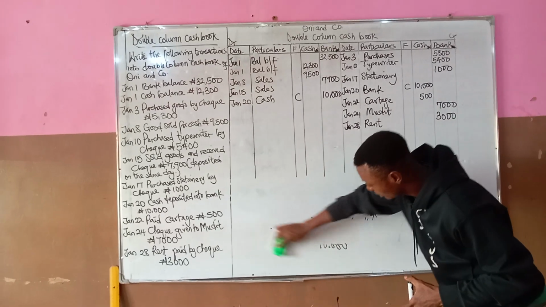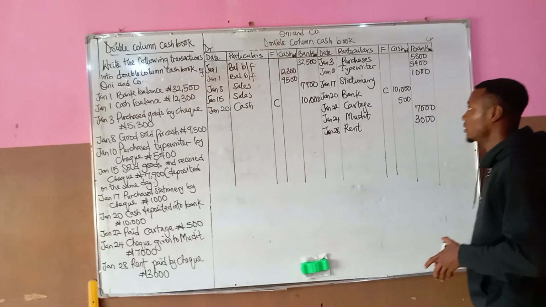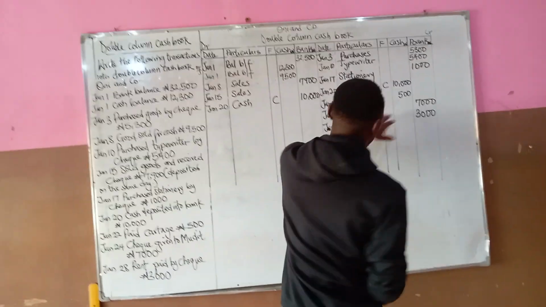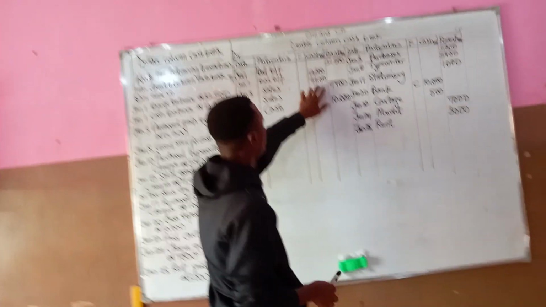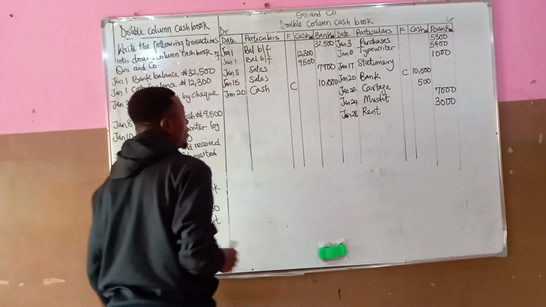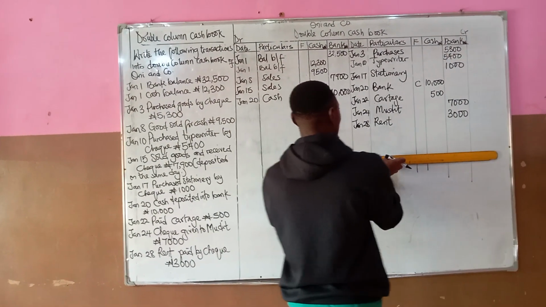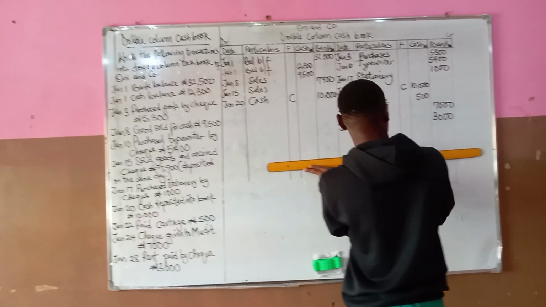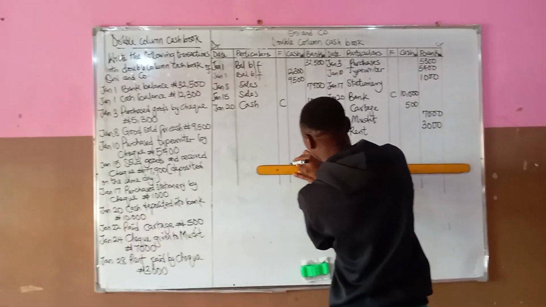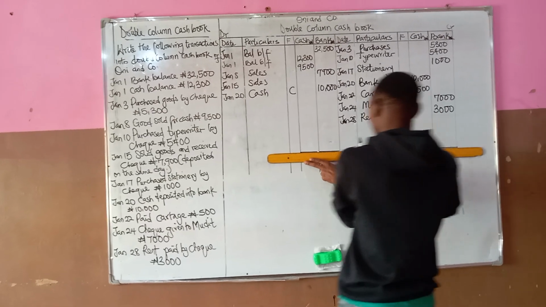Now that we've posted it, it's left for us to calculate our income and expenses. Then under this is 10,500. Looking at this is 800. This is 21,800. So definitely under the cash column, we are going to balance with what? We are going to balance under the debits. So let me just rule my line so we can balance.